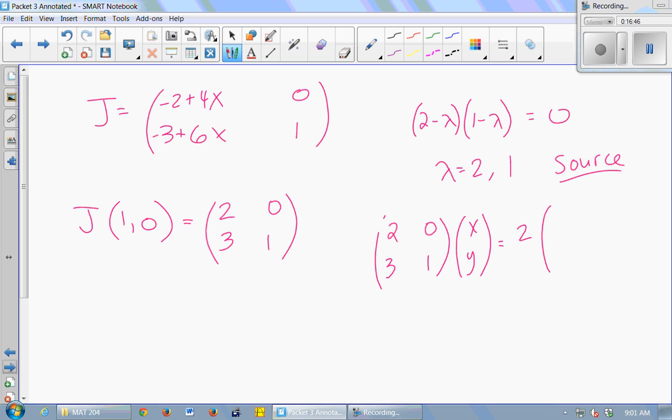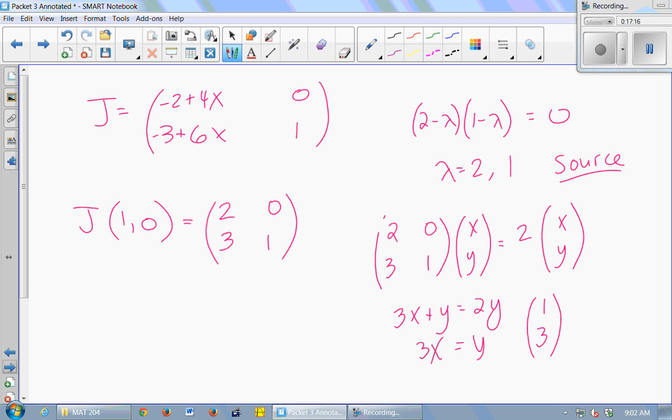We'll start with the 2 times xy. So this first equation says 2x equals 2x. That tells me nothing. So my other one is 3x plus y equals 2y. So this says y equals 3x. So an eigenvector would be 1, 3. Make x 1, y would be 3.